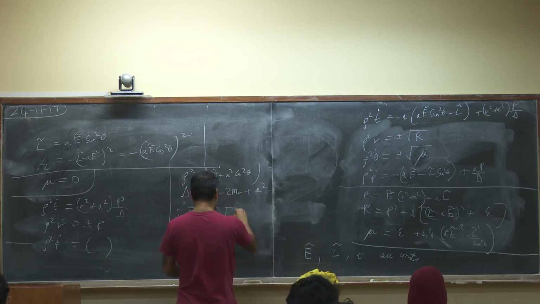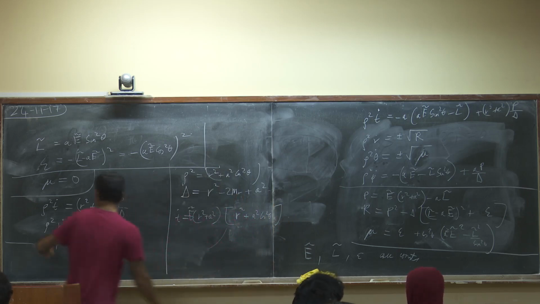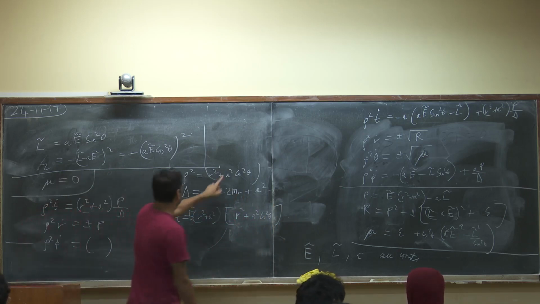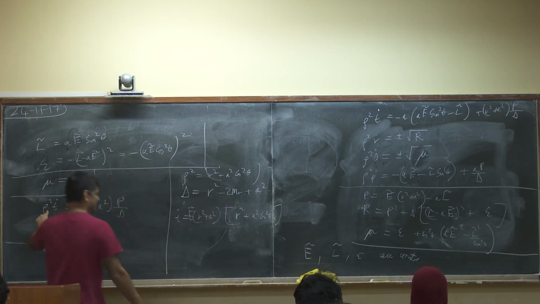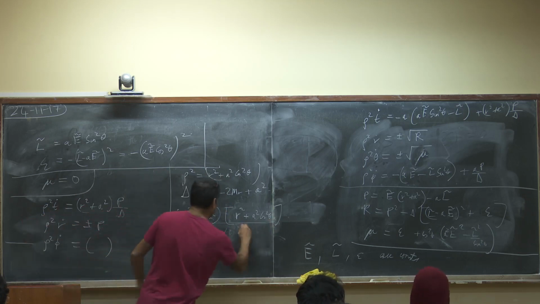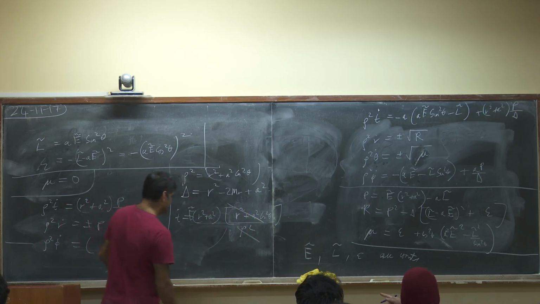So this is R squared plus A squared cos squared theta, but that was rho squared, and we had rho squared downstairs because it was divided by rho squared. So this just cancels this. Okay? And there's a delta, you're right.